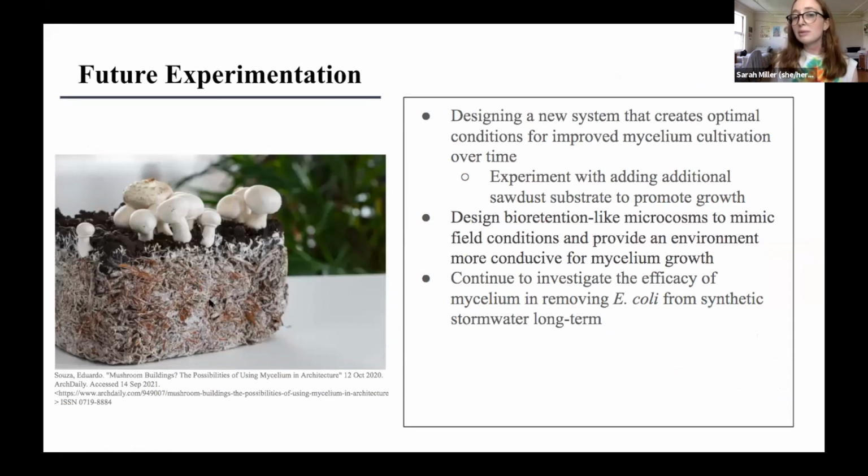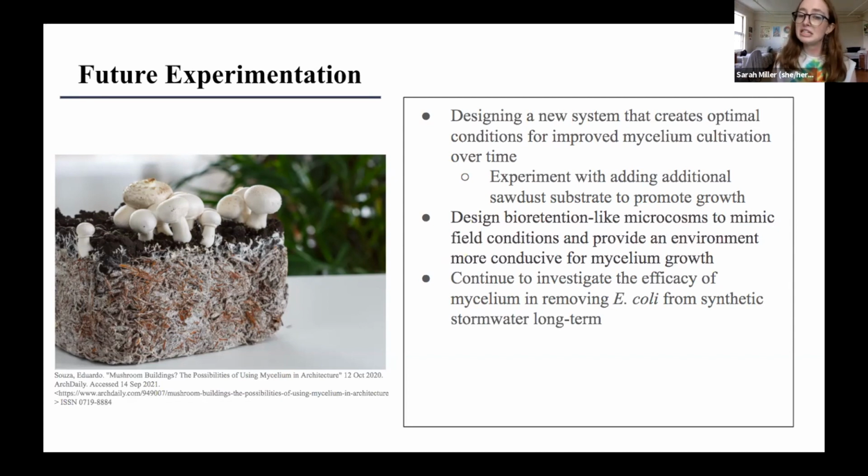In the future, we plan to design a new system that better suits mycelium cultivation by creating more optimal growing conditions for the mycelium, as well as to better mimic field conditions that the bioretention basin we are designing would be implemented.